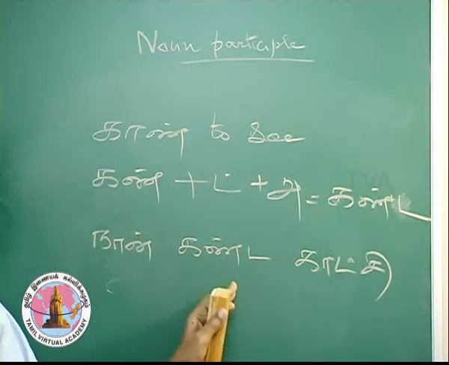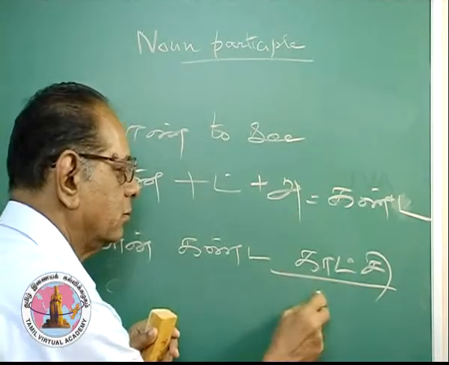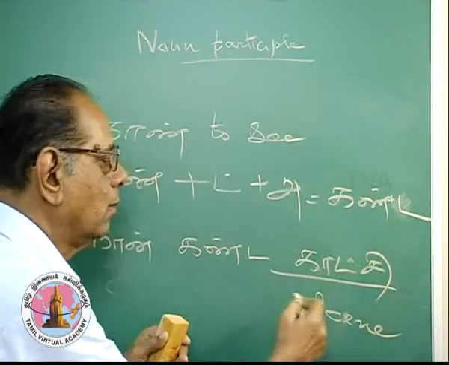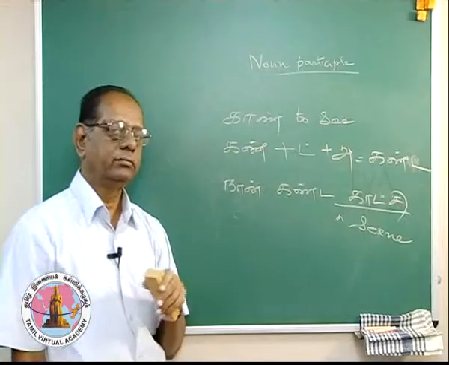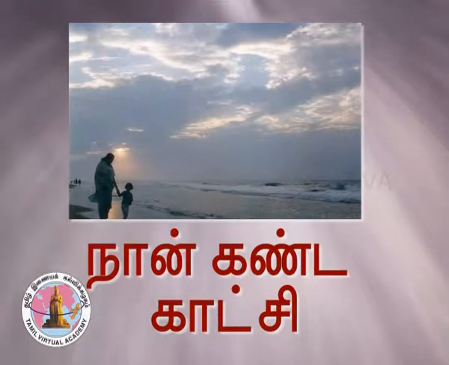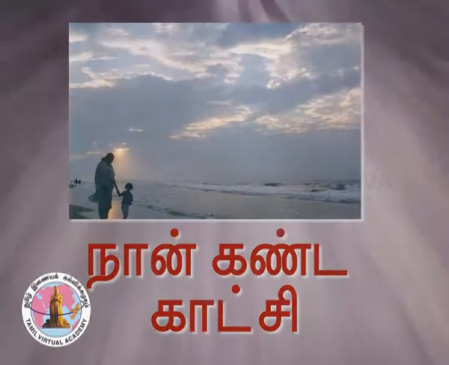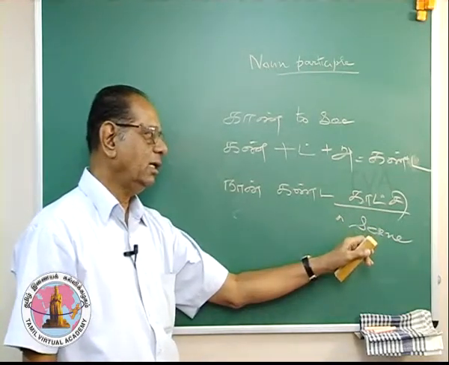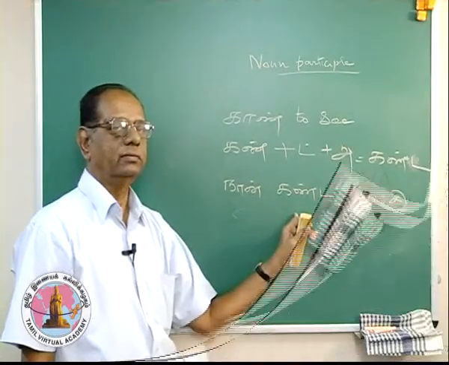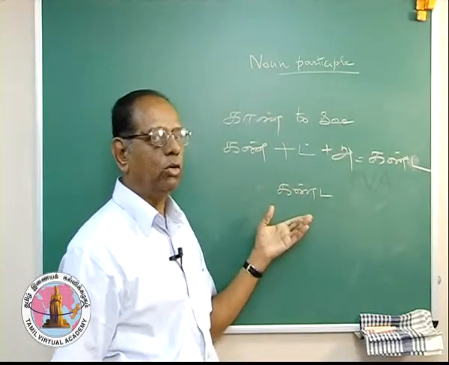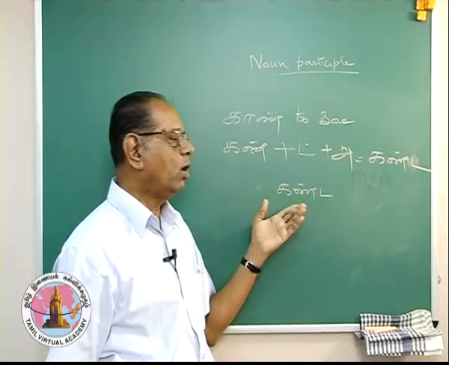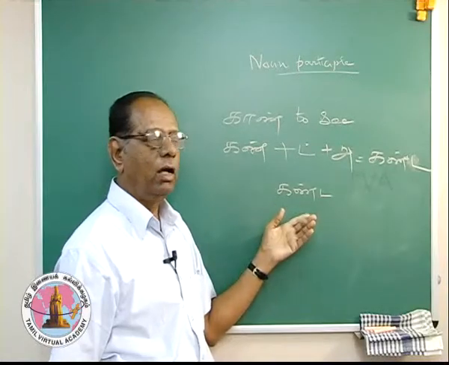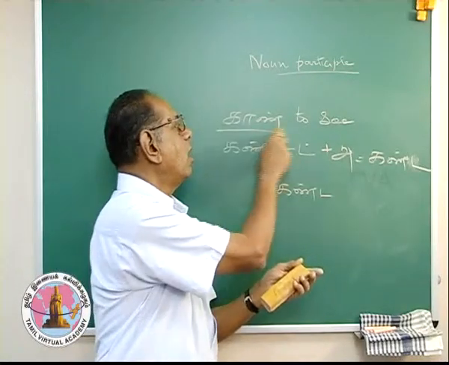நான் கண்ட காட்சி. A scene. நான் கண்ட காட்சி. A scene which I have seen. I want you to find out what will be the form of the verbal participle of this verb kan.